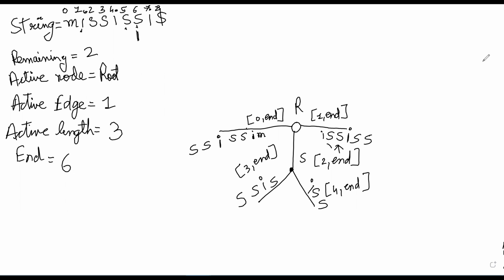So like I said before, despite the fact that the remaining is not 0, we can increment our I pointer. So our I pointer is going to point from 6 to 7. And like we do in every other step, we're going to increment our remaining pointer by 1 and end pointer by 1.